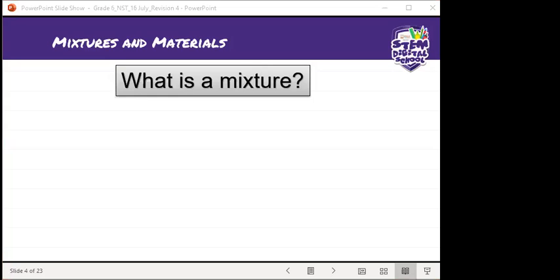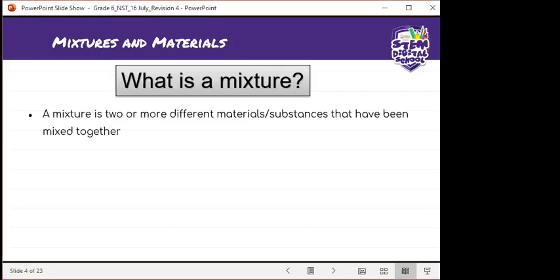Thank you very much for that wonderful answer, Mahlori. Awesome. So Mahlori says a mixture is when two or more substances are combined together. Let us see if Mahlori is correct, and that is true. A mixture is two or more different materials or substances that have been mixed together.